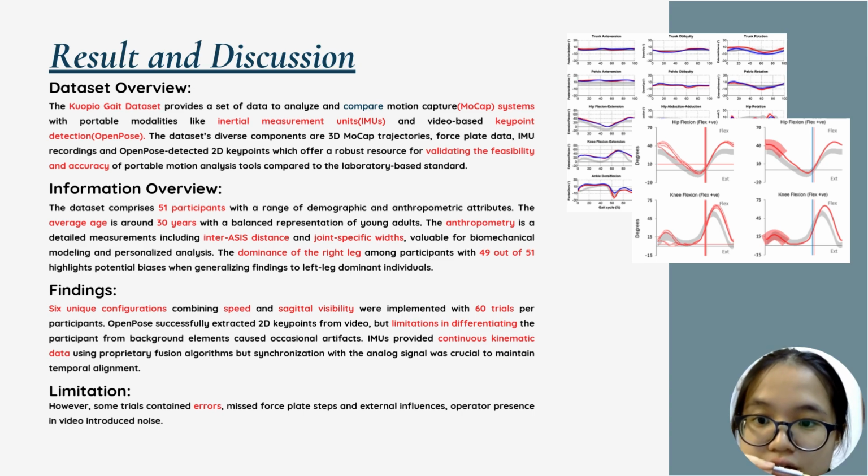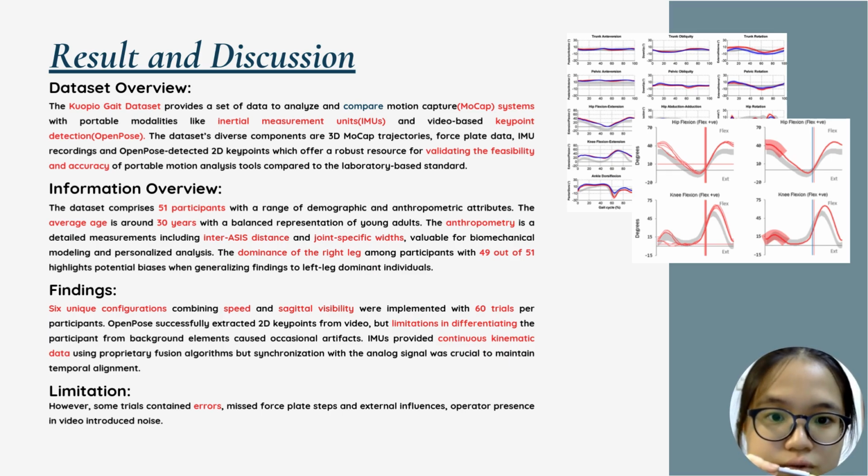Our research findings are that 6 unique configurations combining speed and sagittal visibility were implemented with 60 trials per participant. OpenPose successfully extracted 2D key points from video, but limitations in differentiating the participants from background elements cause occasional artifacts.